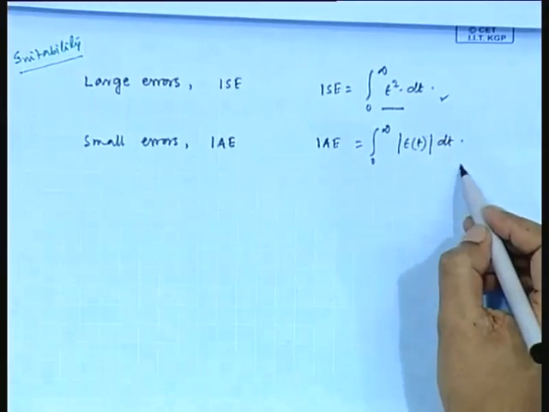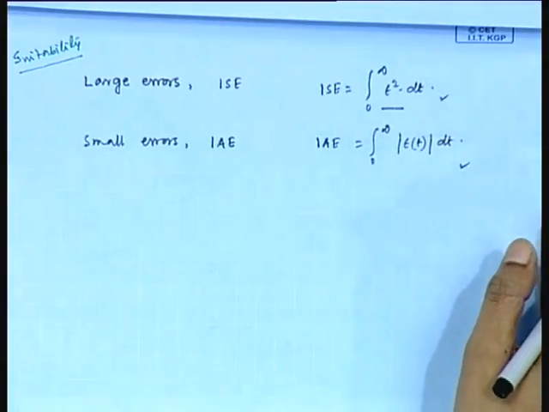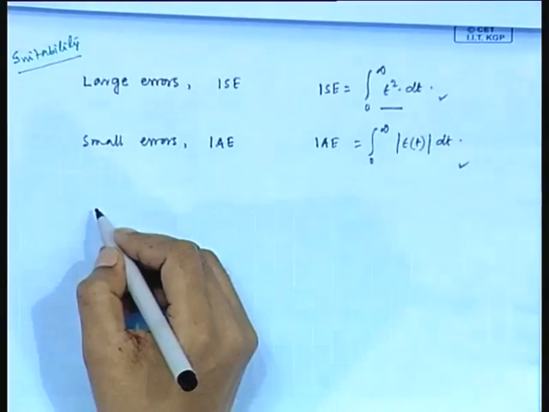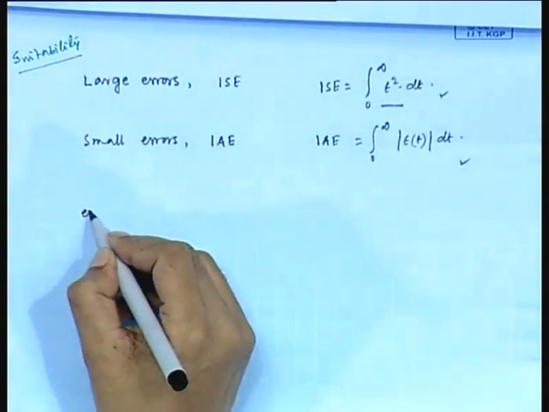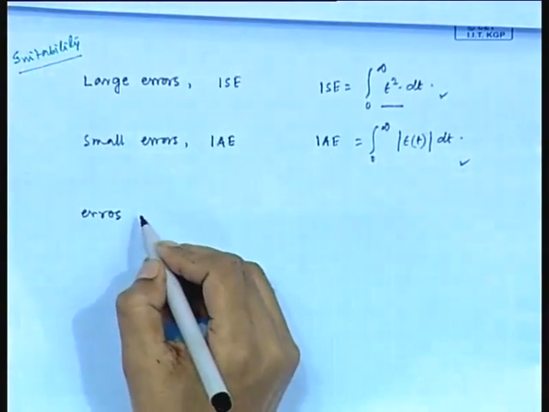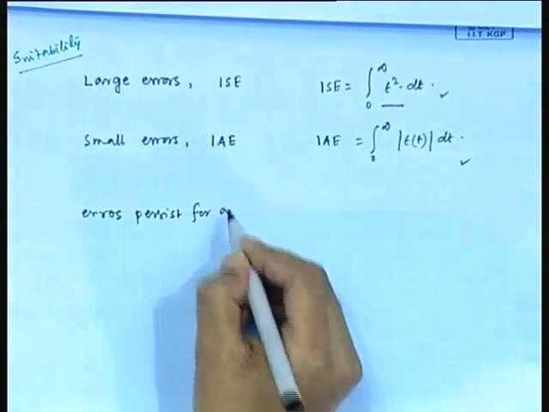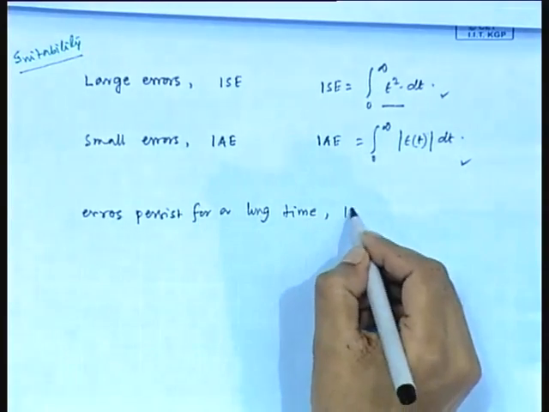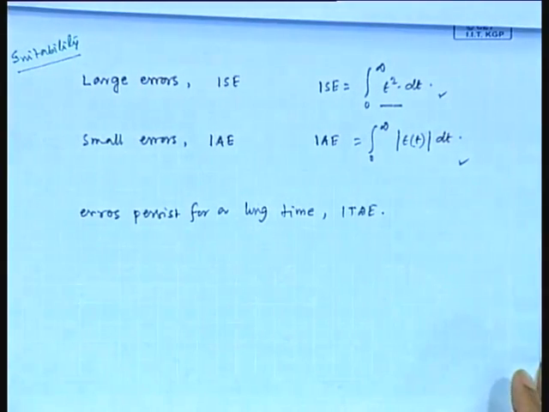Therefore, the IAE performance criterion gets preference when small errors are there, and when errors persist for a long time, the ITAE performance criterion is used.